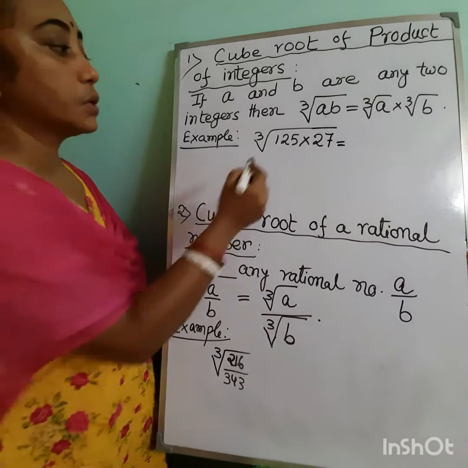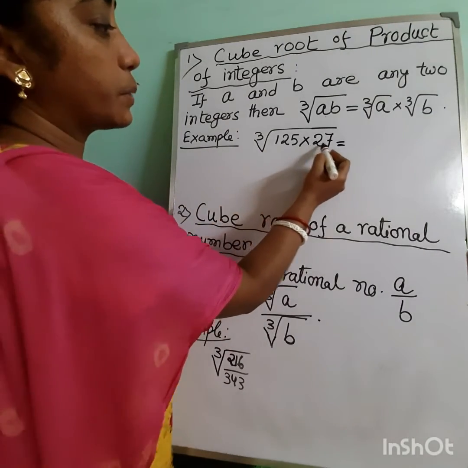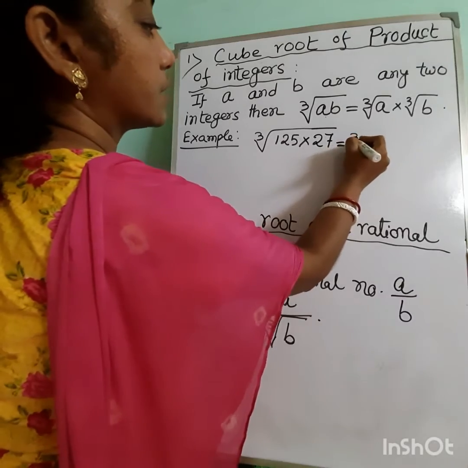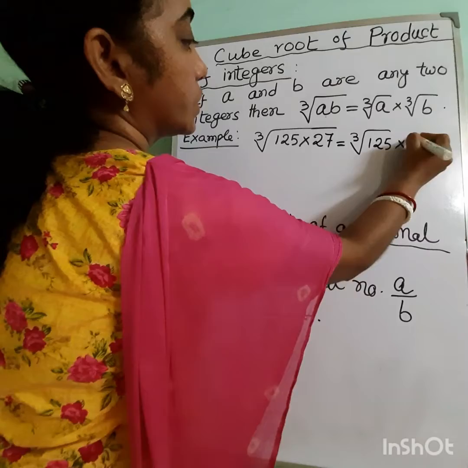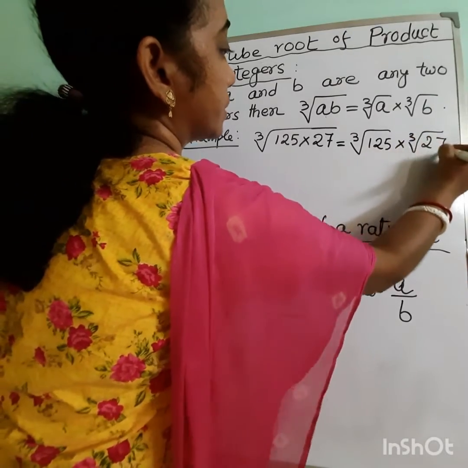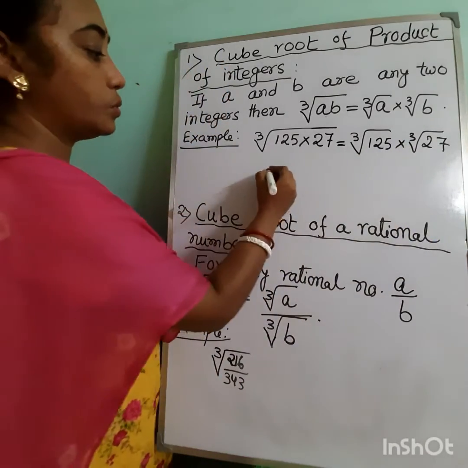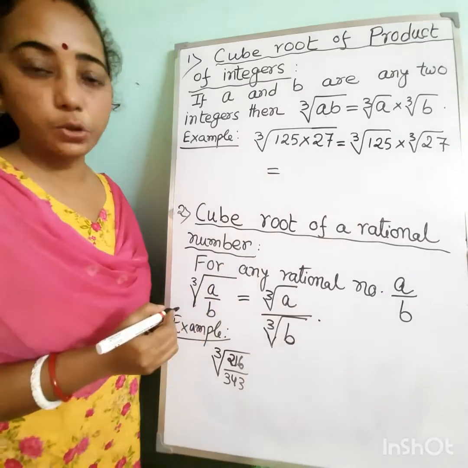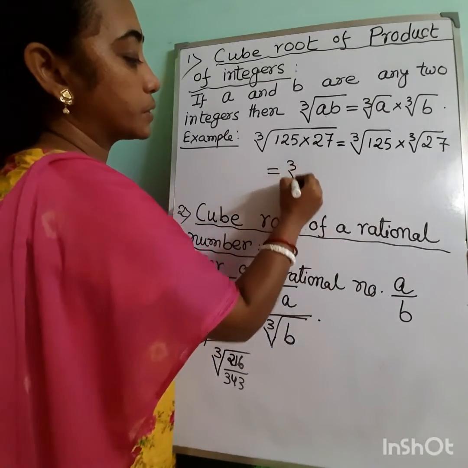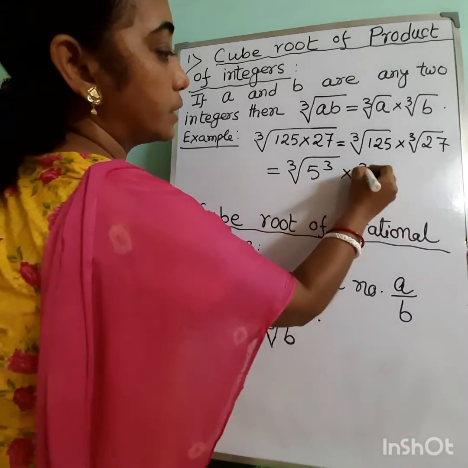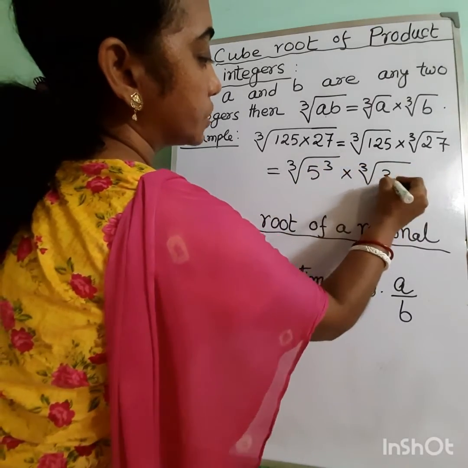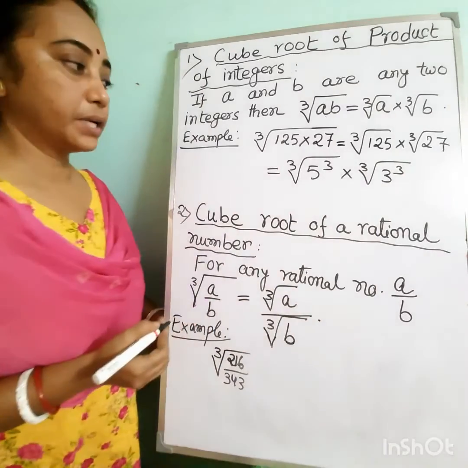For example, the cube root of 125 multiplied by 27 can be written as the cube root of 125 multiplied by the cube root of 27. And we know that 125 is the cube of 5. So in place of 125 we will write 5 cube, and in place of 27 we will write 3 cube, because 3 cube gives 27.